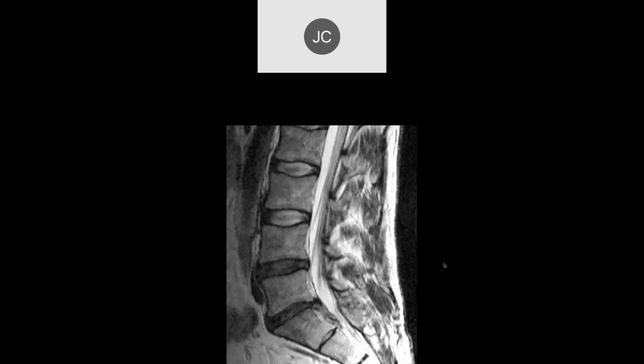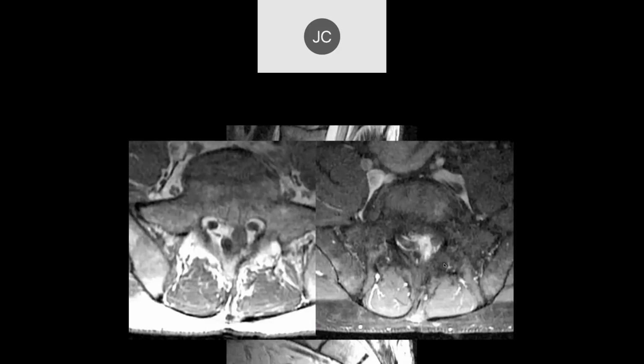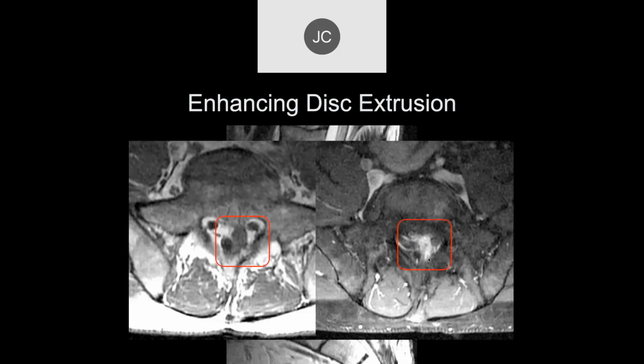All right, so sagittal T2 of the L spine. There's extruded disc material at L5-S1 with inferior migration. And this is post-contrast. Notice that the extruded material is actually enhancing with contrast.